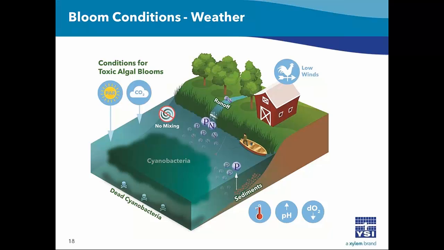But when you have a large introduction of them, the water becomes what we call eutrophic, and that really favors the growth of cyanobacteria. Lastly, in terms of weather, we all know that when it's warm is when we're most likely to see these cyanobacterial blooms, especially in the temperate climates like we live in here in Ohio.